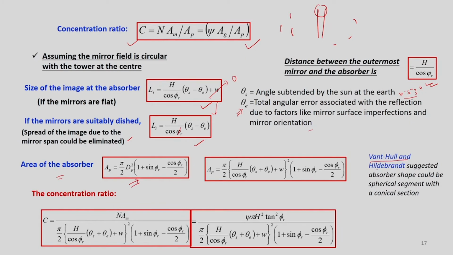These two researchers have suggested the observer shape could be a spherical segment with a conical section. Based on their suggestion, they have made the observer like that, and they have calculated the observer area to be Ap equal to pi by 2 dp square times (1 plus sin of phi r minus cos of phi r divided by 2).